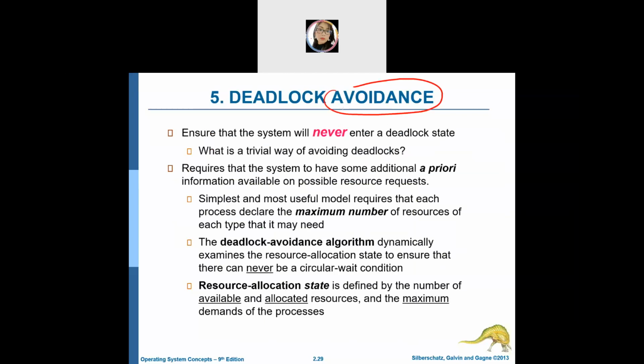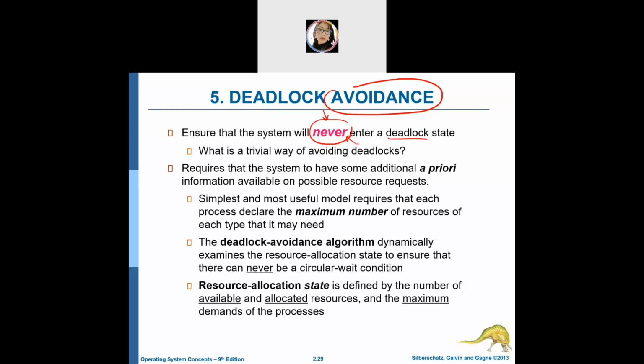So how are you going to ensure that you're not going to do anything wrong in your life? Similarly, I don't want to do something bad, I don't want to face a traffic jam. So it is a never. It means that I don't want to have any deadlock in my system.